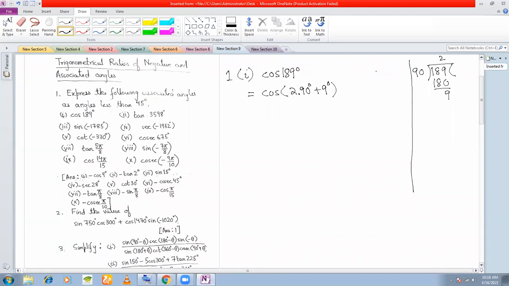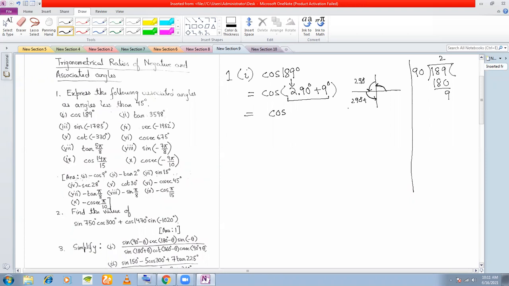Now look, this is an even multiple, 2, of 90 degrees. Once it is an even multiple of 90 degrees, you know cos will remain cos. So write cos. Now we need to check in which quadrant this angle lies. 2 into 90 degrees is still the second quadrant boundary, and this is 2 into 90 degrees plus something, so this is in the third quadrant.